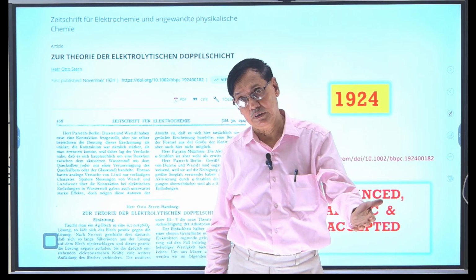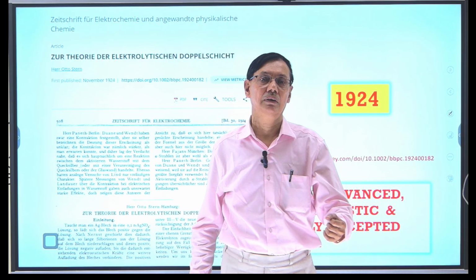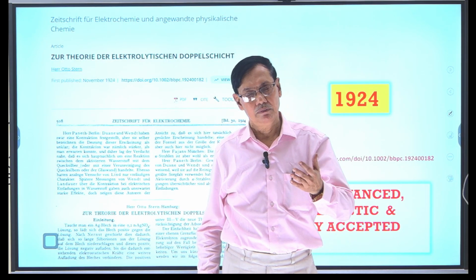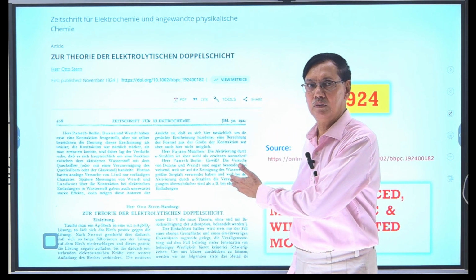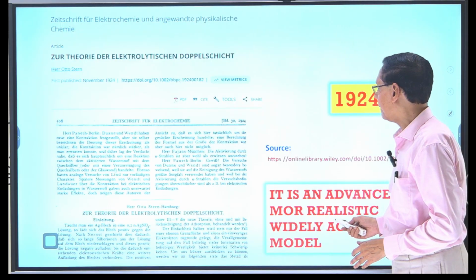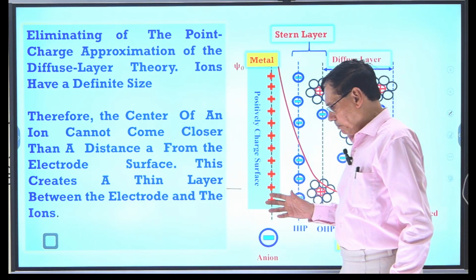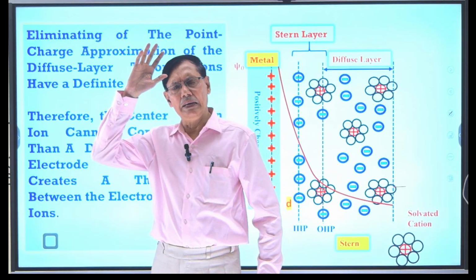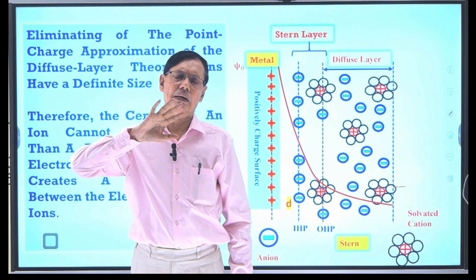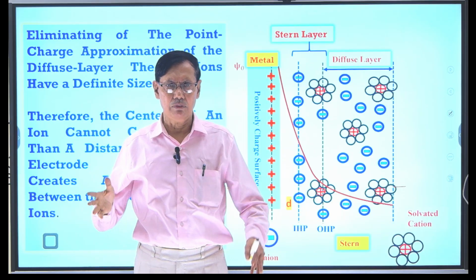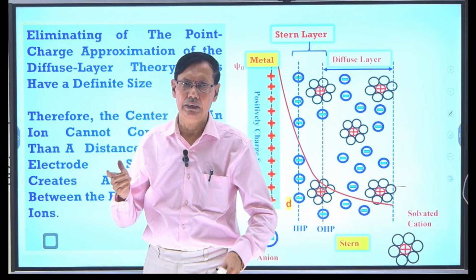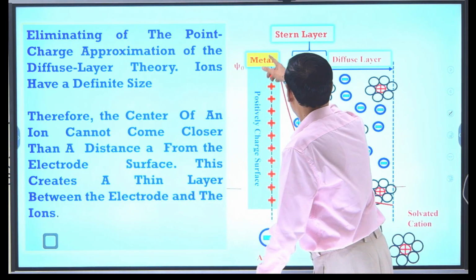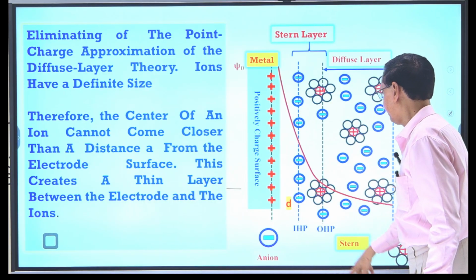There are other models, the Bockris-Devanathan model, the Graham model, but as per your prospectus, today I will concentrate only on the Stern model. In my first lecture related to the electrified interface, I have already discussed three models separately, but here I will concentrate only on the Stern model.